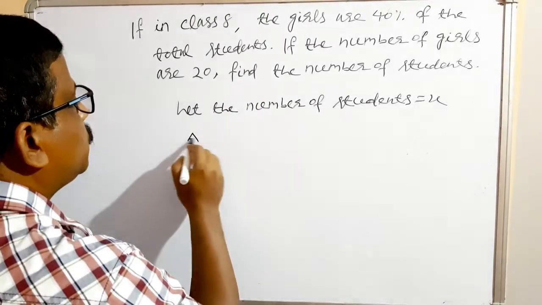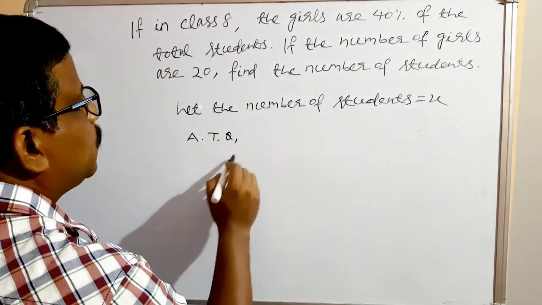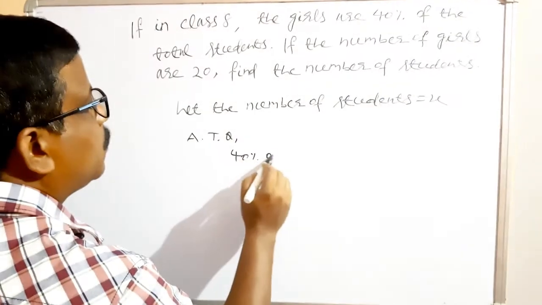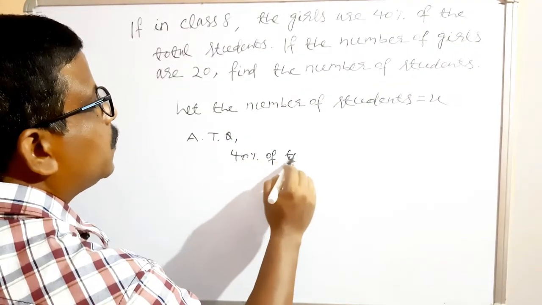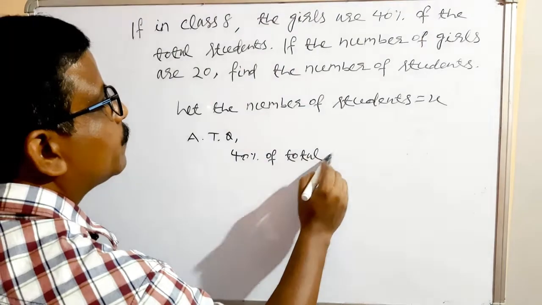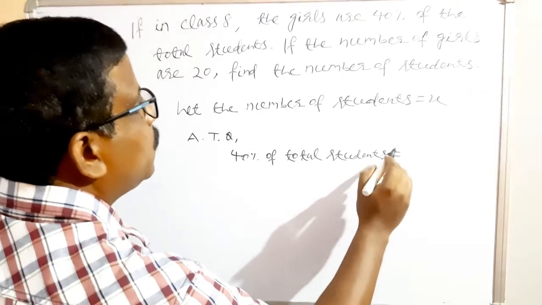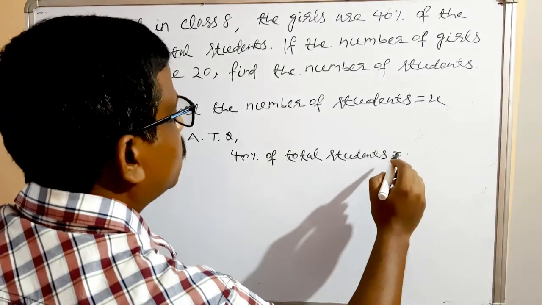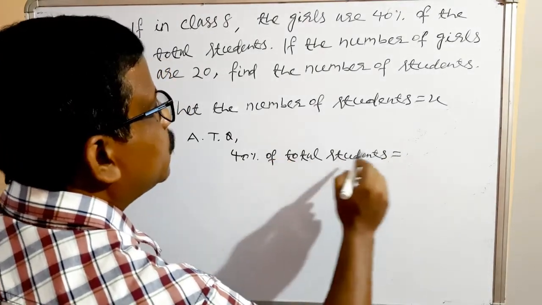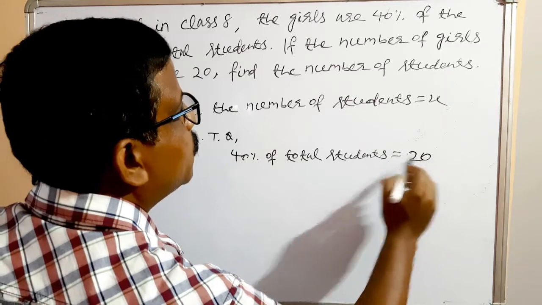So according to the question, 40% of total students is equal to the number of girls, 20.